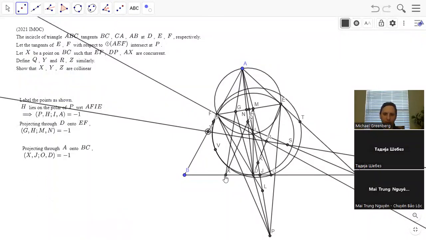What's the midpoint of XY? Okay, it's not B. Yeah, now this feels even harder.